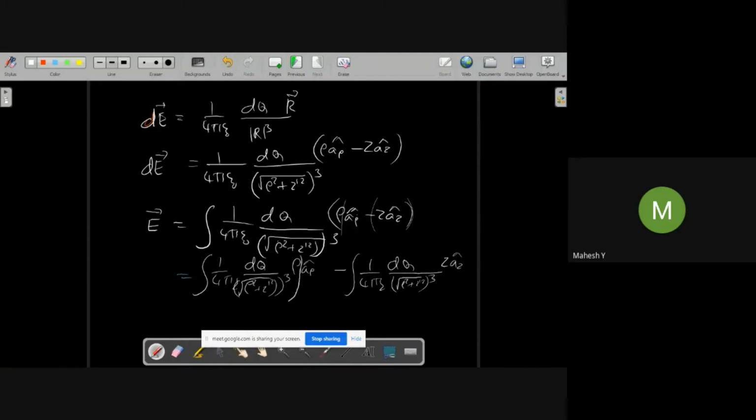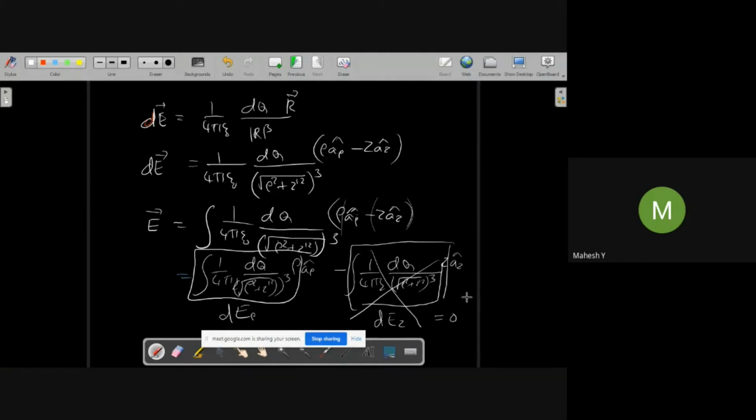Now what is this? This is the dE rho component. And what is this? This is the dEz component. And what we found while integrating, what will happen? This term will become 0, right? The only thing left is dE rho a rho. Is this clear?